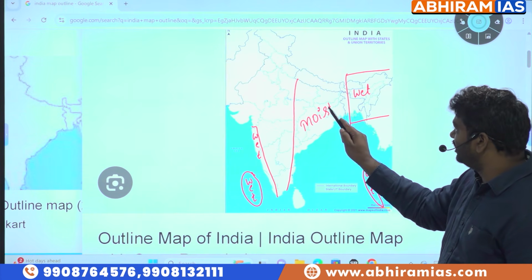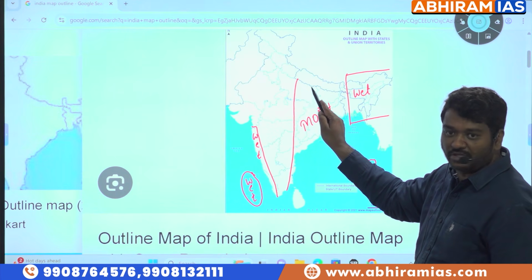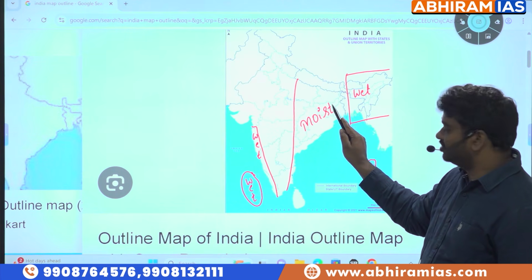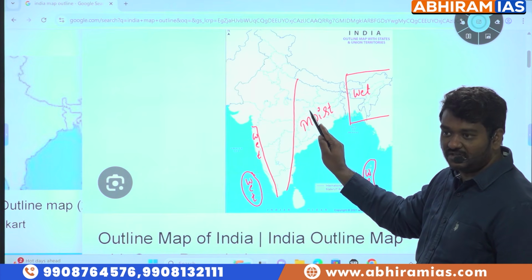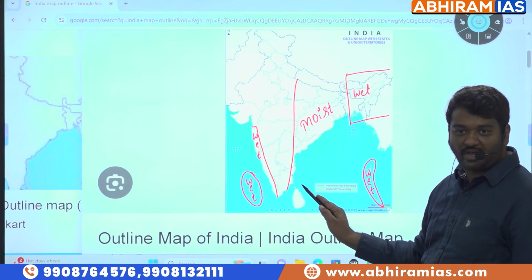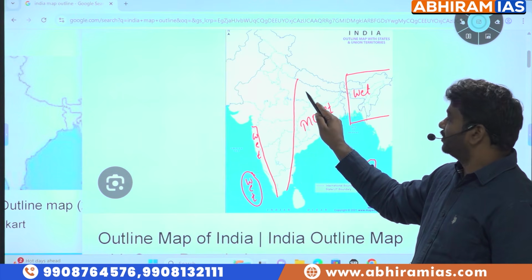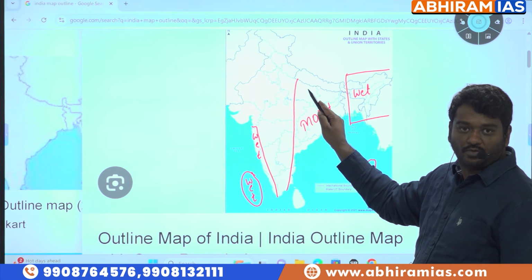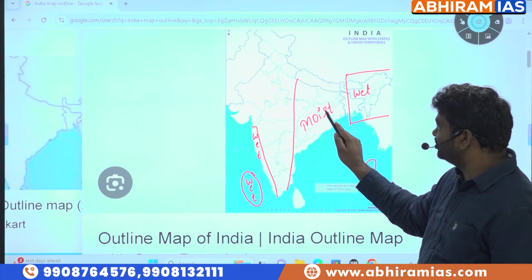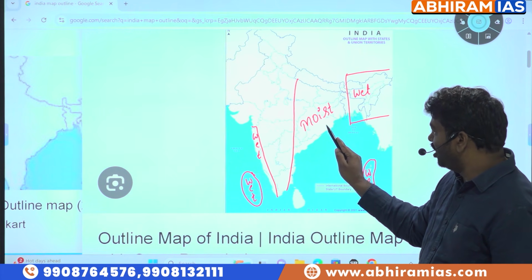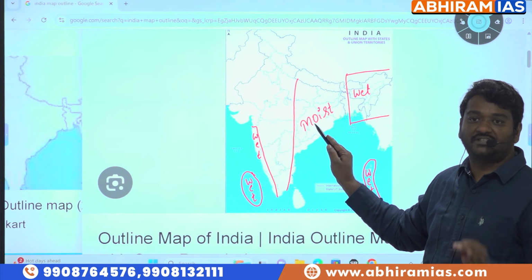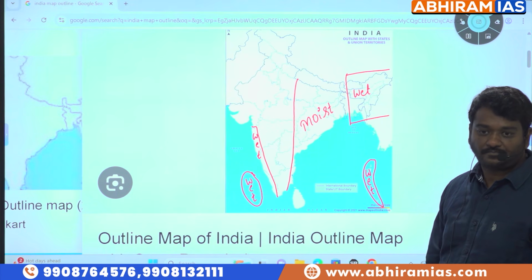Eastern Uttar Pradesh, Bihar, West Bengal, Jharkhand, Chhattisgarh, Odisha, East Coast. What do you have? Moist deciduous forest.